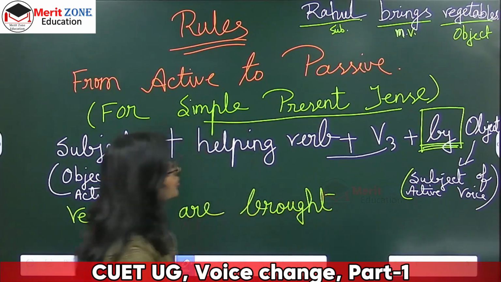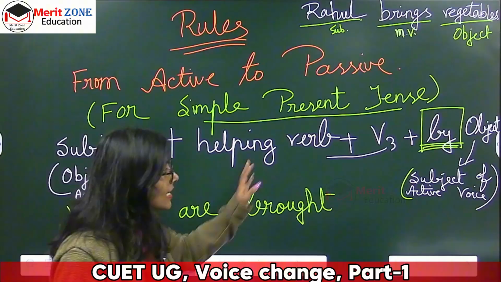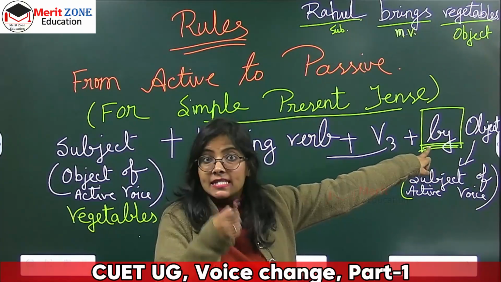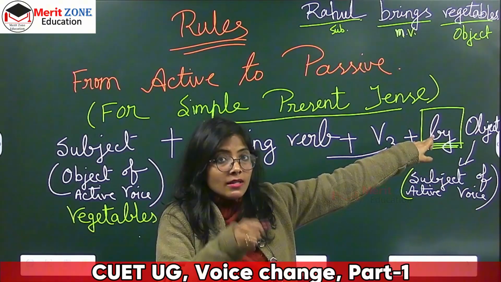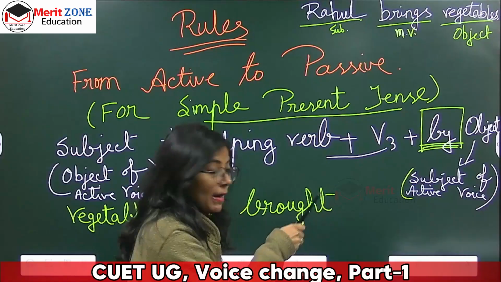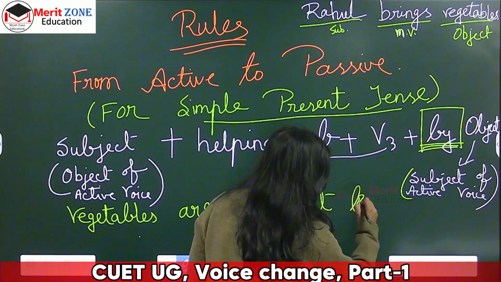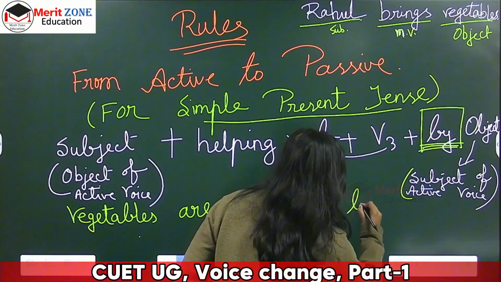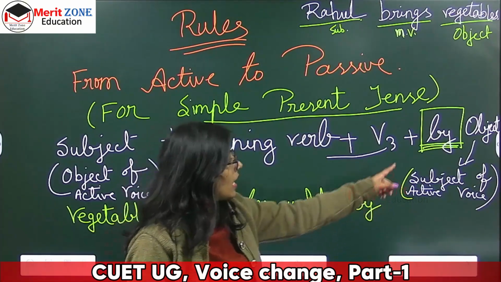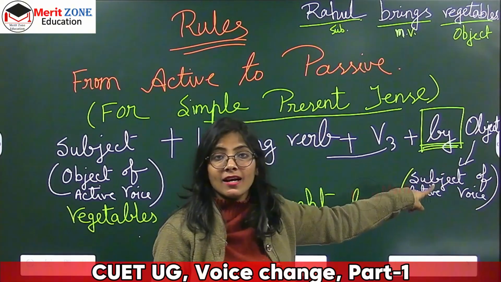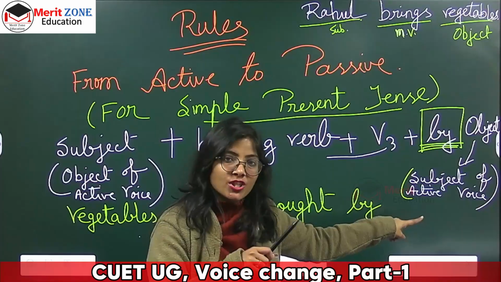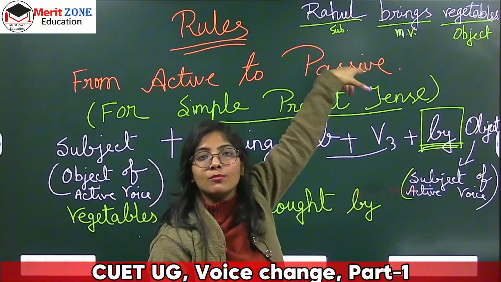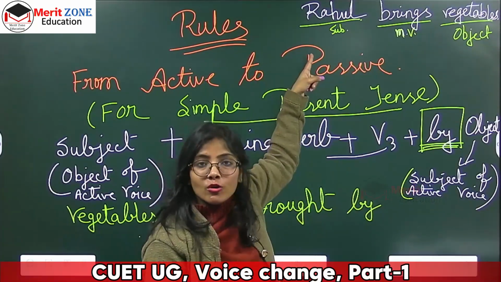Vegetables are brought. Then comes by. By whom? Vegetables are brought by whom? By, then the object, which is the subject of the active voice. So in the active voice, who was the subject? As we can see, Rahul was the subject.